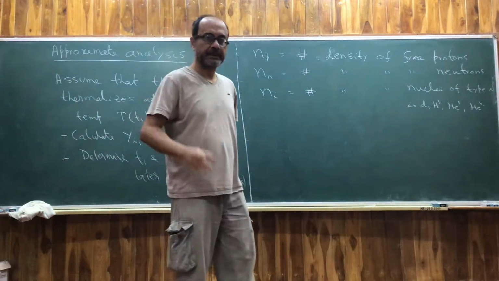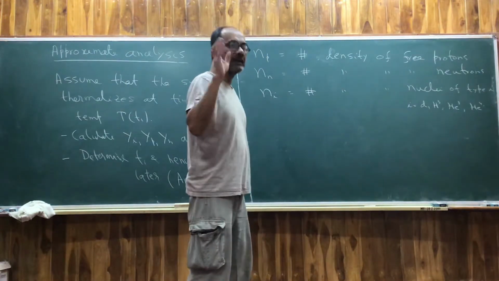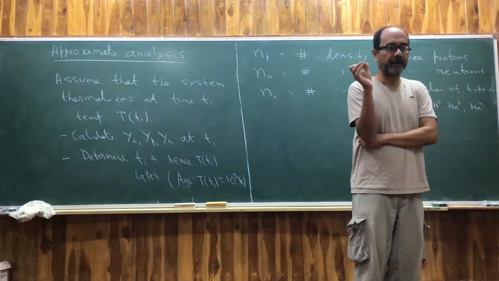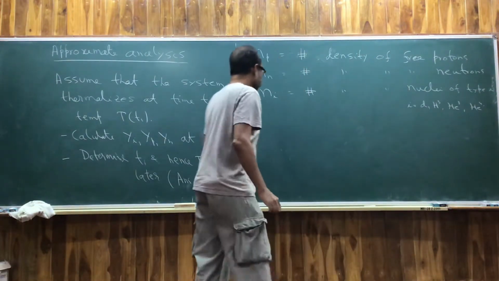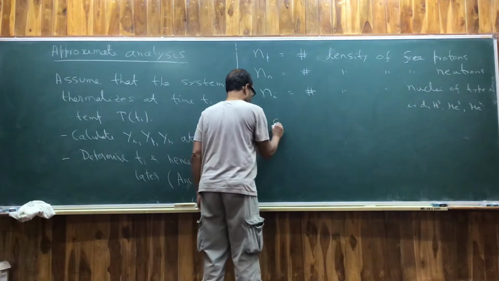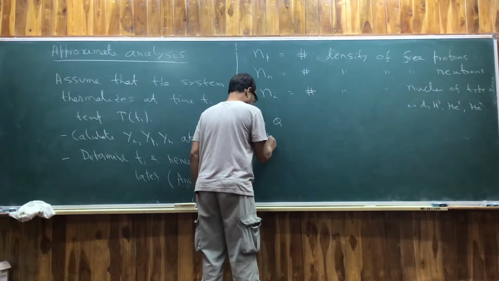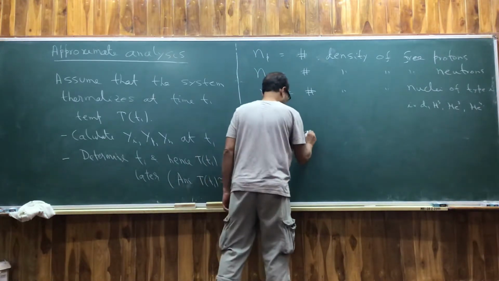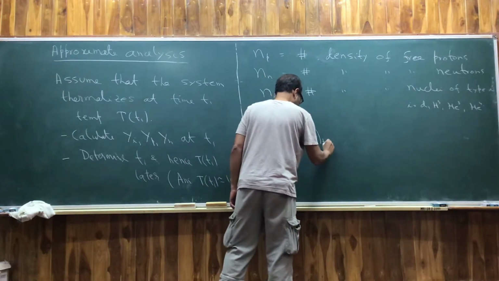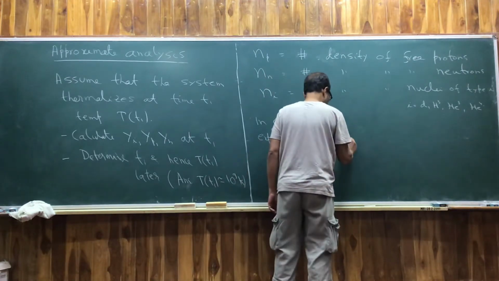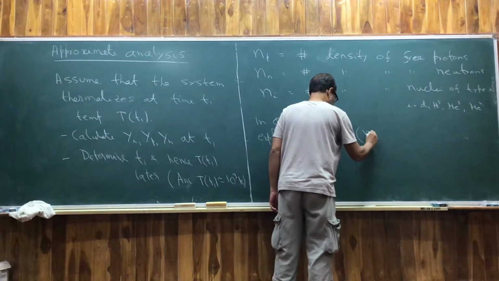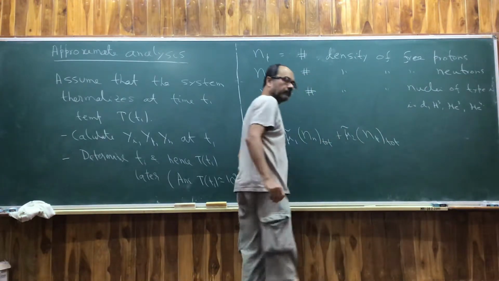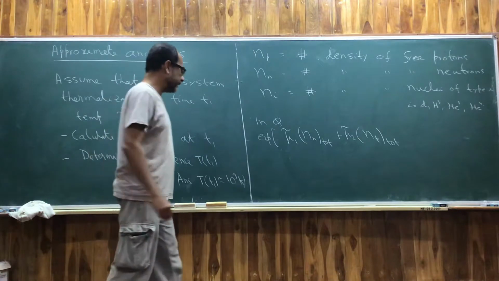There will be two conserved charges. And because there are two conserved charges, we have to introduce two chemical potentials, as we have been doing. So in Q, we have to insert the exponential of mu tilde 1 times Nn total, the total number of neutrons, plus mu 2 tilde times Np total. And what are these?